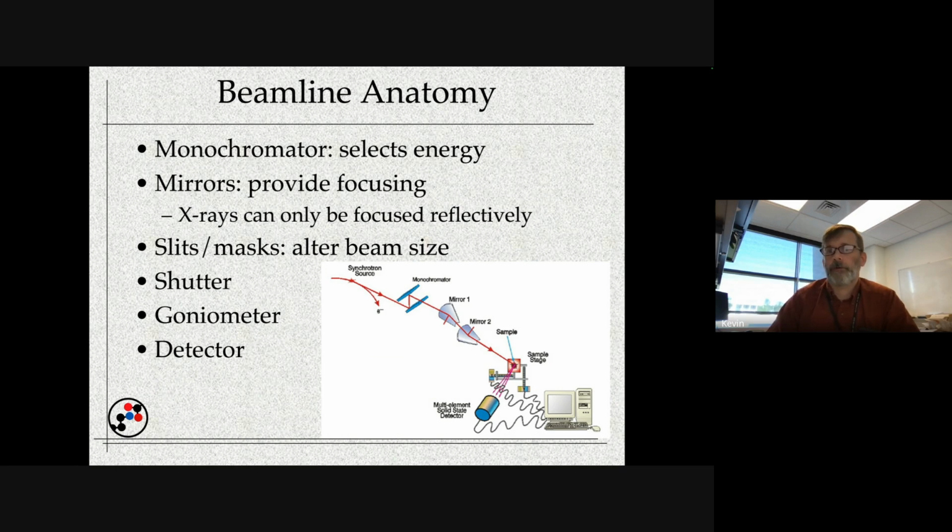If you're doing X-ray fluorescence, then you're going to have a fluorescence detector, and you're not really measuring diffraction data, but you're still measuring X-ray energies.